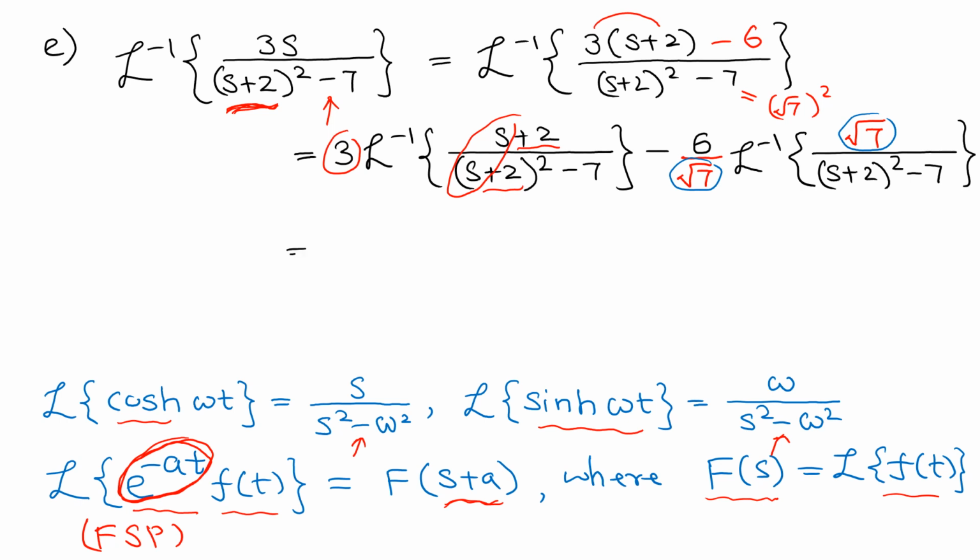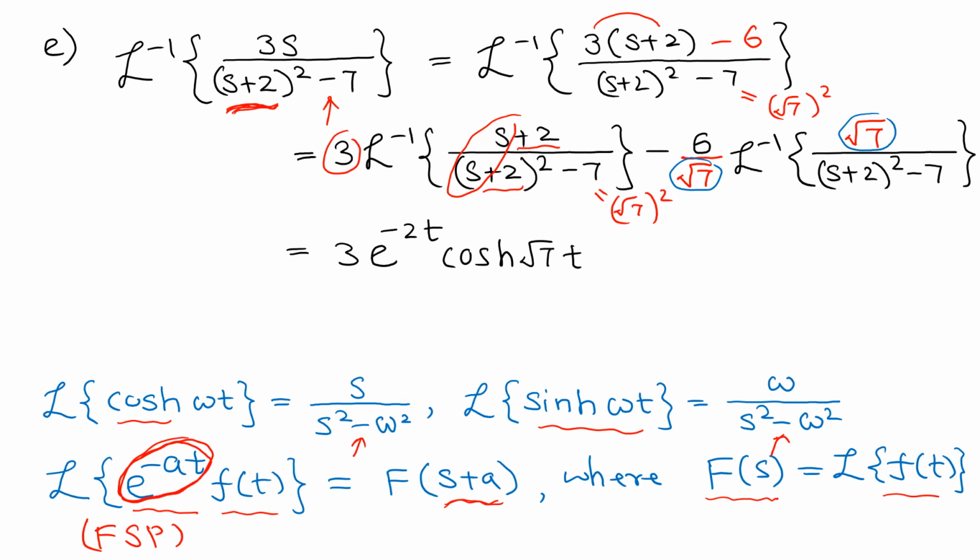So it is going to be 3. For the shifting part, we can write e to the, in this case a equals negative 2, so it is negative 2t, that's the compensating part. And then for the other one, you can see it is the cosh, and 7 means square root 7 squared, so because of that, you're going to get square root 7t.